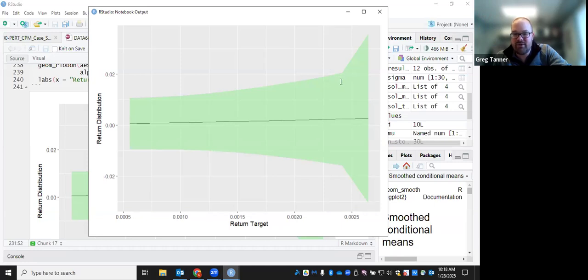Okay, and so even if I choose maybe a medium target of 0.002, which is 0.2% return, it's plausible that I get as much as about positive 1.8% return all the way down to a negative 1.4% return.